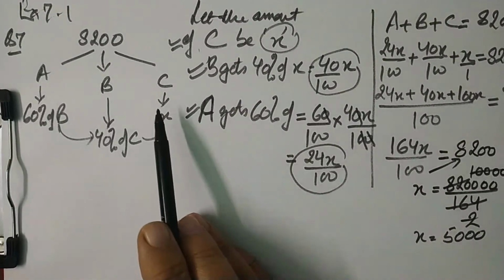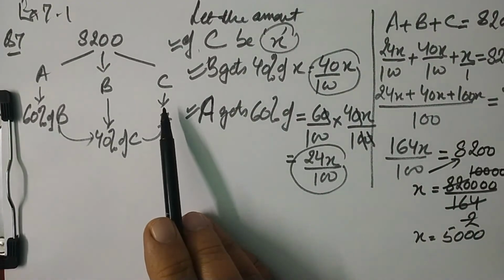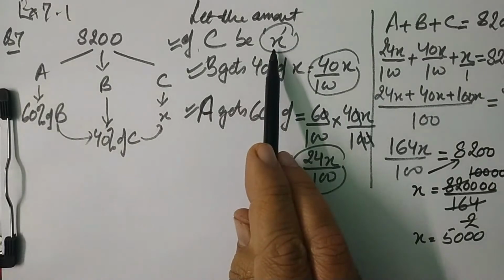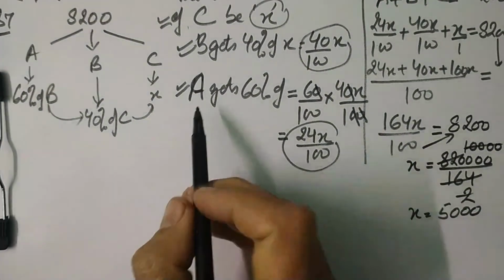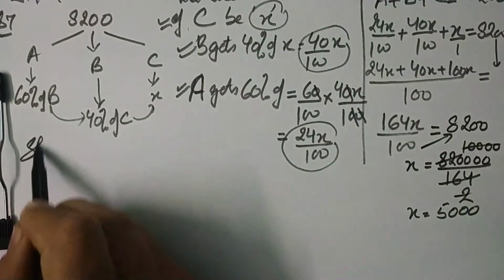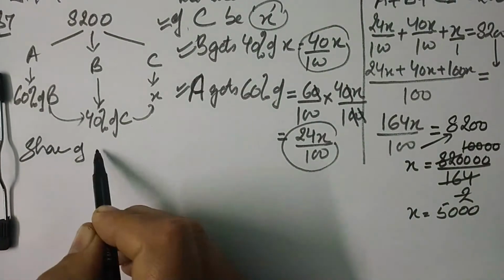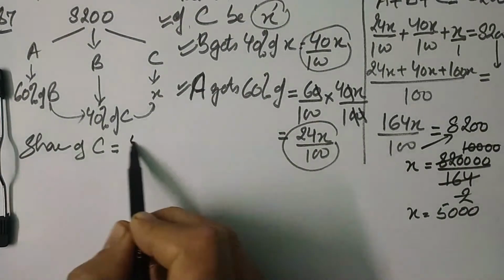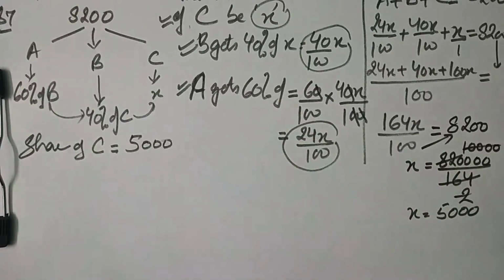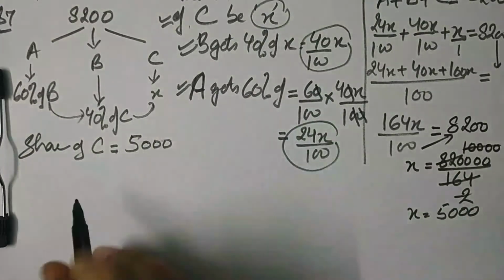So what was x? X was C. So let C be x. C has come 5000. Therefore, the share of C is equal to 5000. What is the share of B?